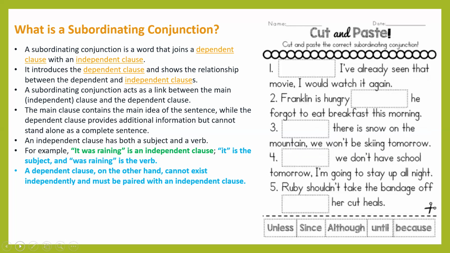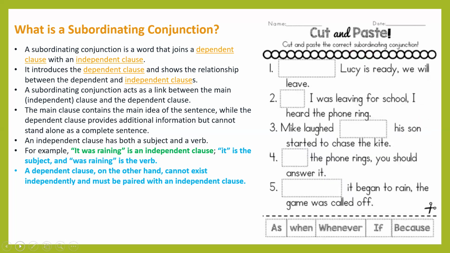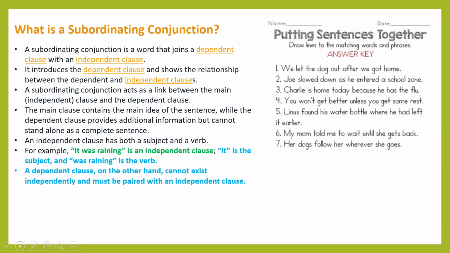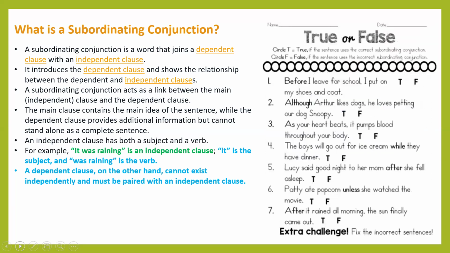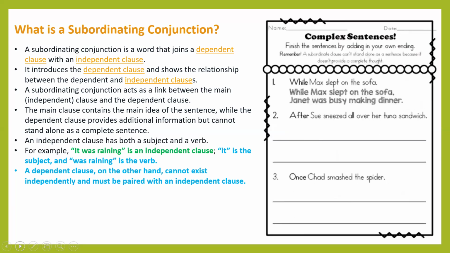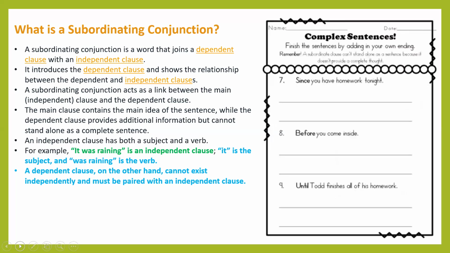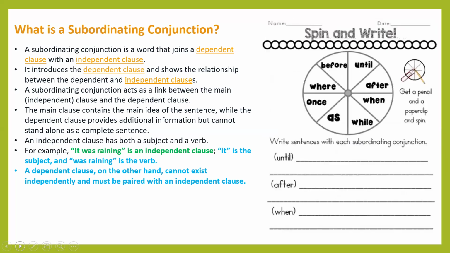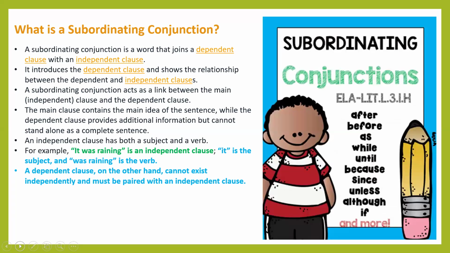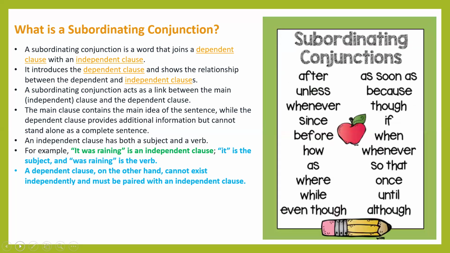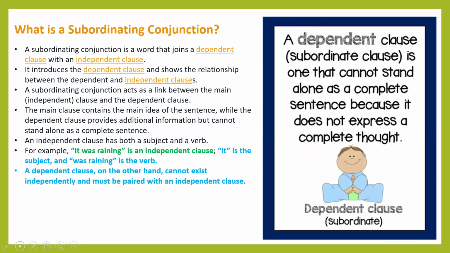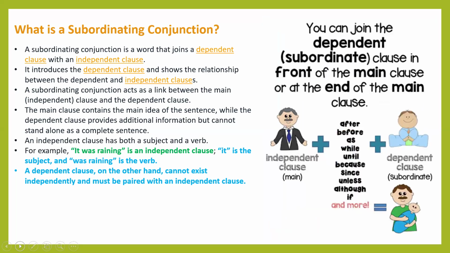An independent clause has both a subject and a verb, and it gives complete meaning. For example, it was raining. It was raining is an independent clause. Here, it is the subject and was raining is the verb. So it is an independent clause. It gives complete meaning.